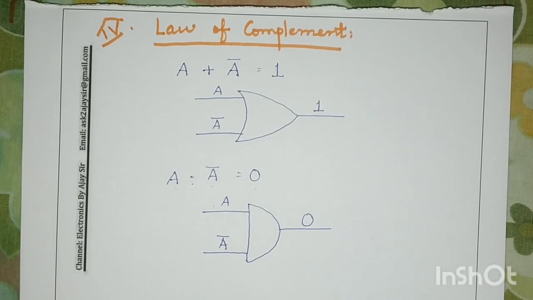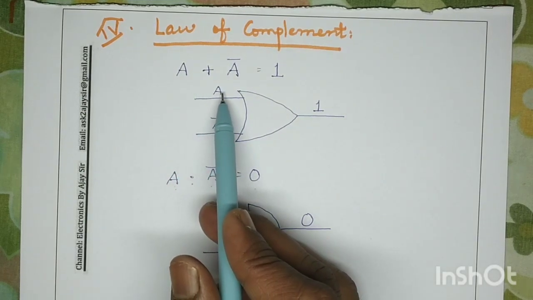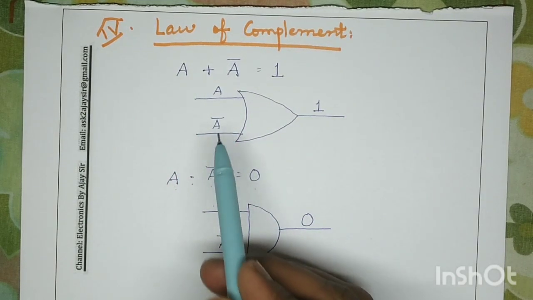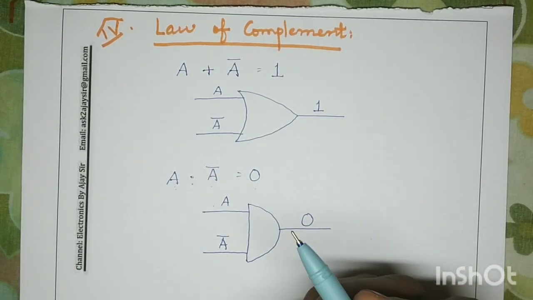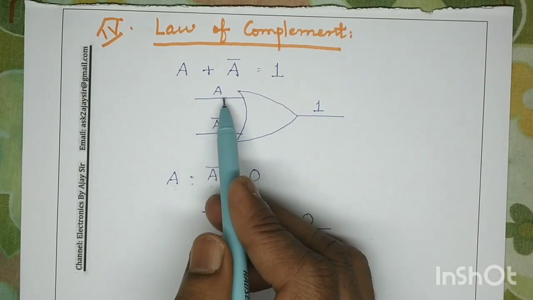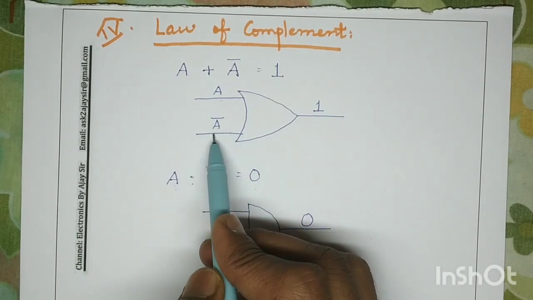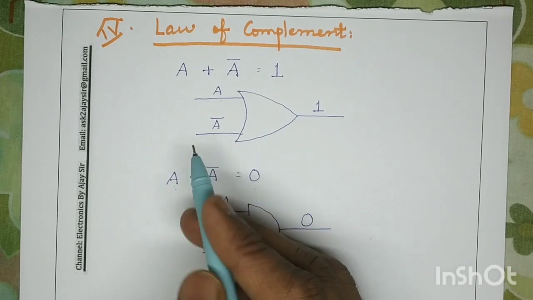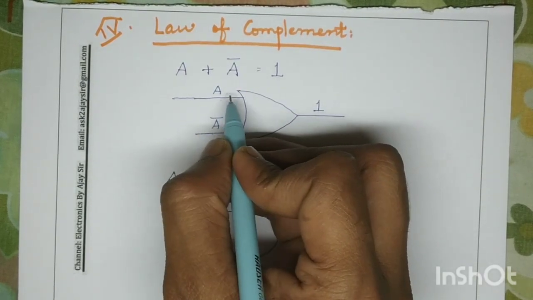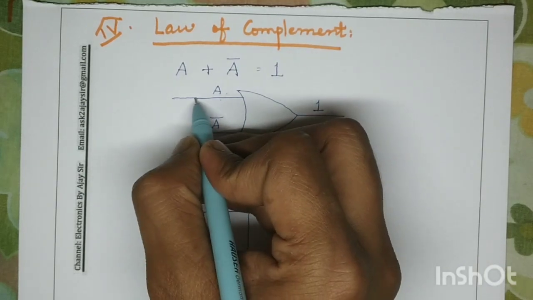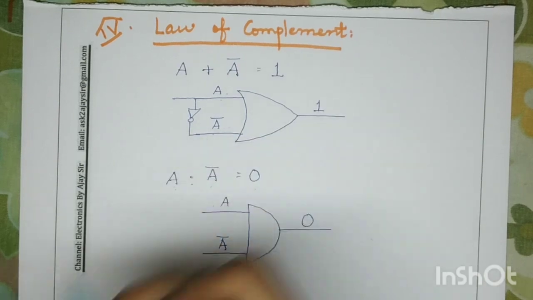In digital electronics many times such a situation will arise where we need both the original inputs A and A bar in the circuit. Most of the time in practical cases we have only the original signal A, and from that signal we have to generate the complement of the signal A bar. So in practical cases, if we have signal A, in order to generate A bar, we connect one inverter circuit like this.